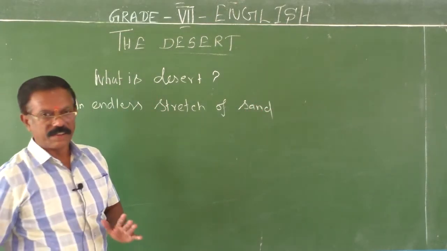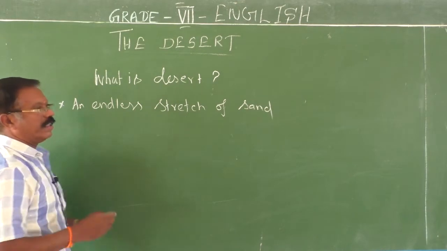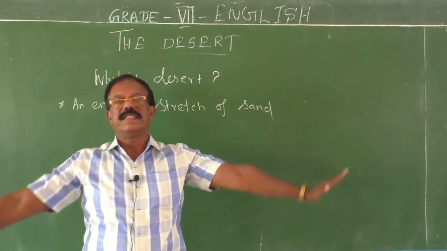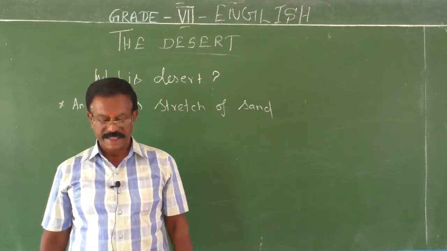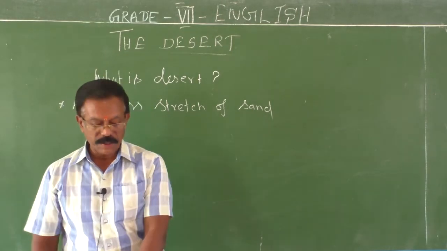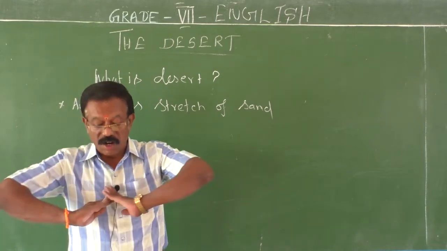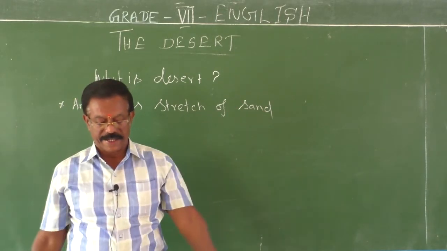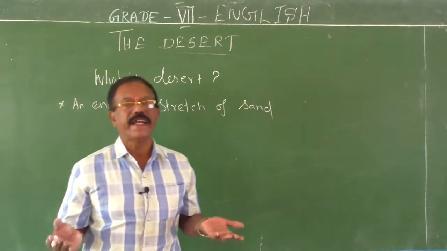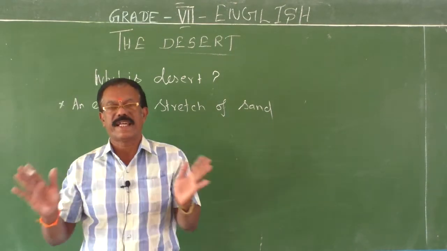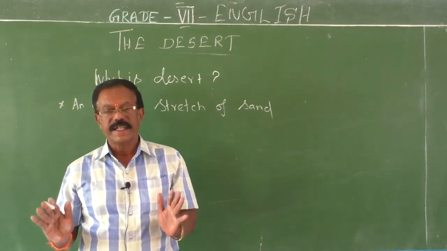That is, no rainfall, a region which is totally covered with sand. That region is called a desert. So simply you can say a desert is a vast stretch of land fully covered with sand. That region is called a desert.